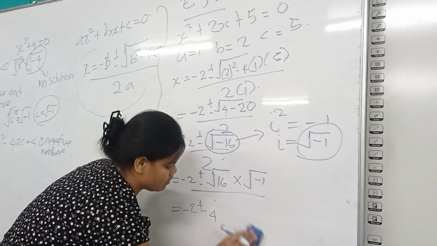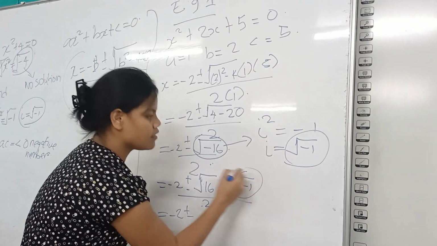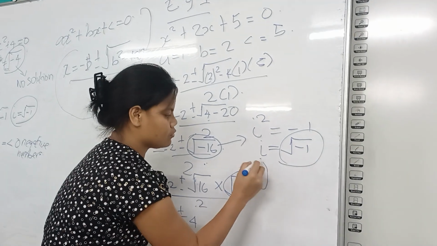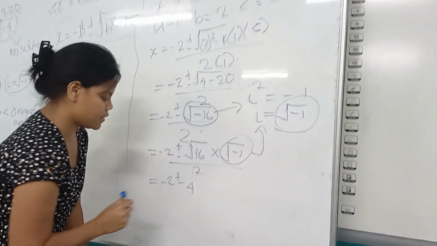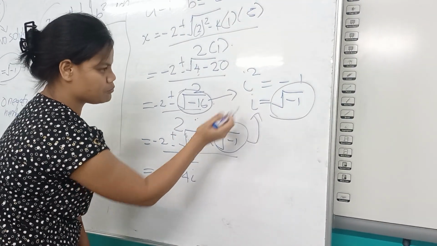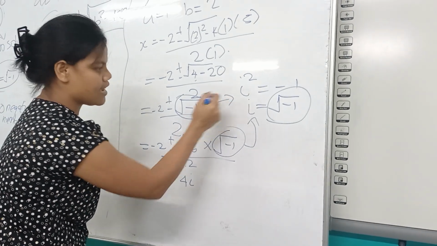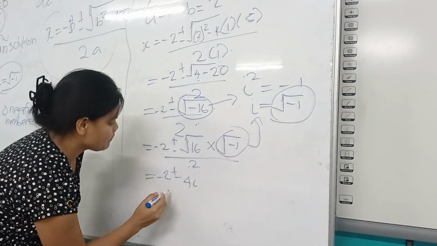Root of negative 1 gives i, from the previous class. Over 2.